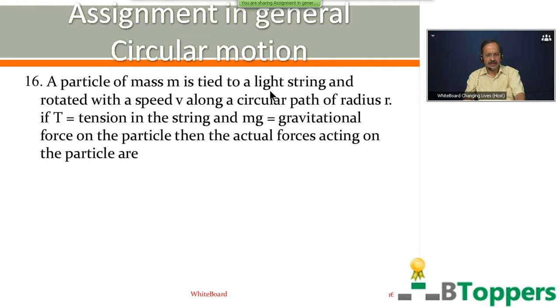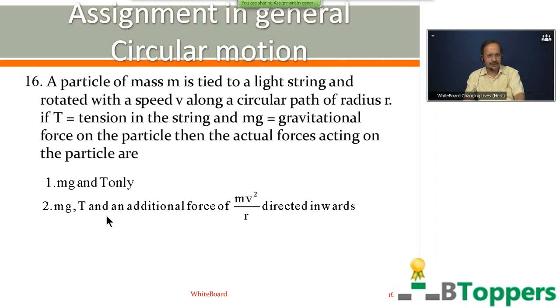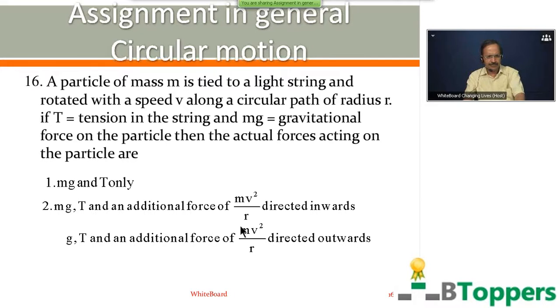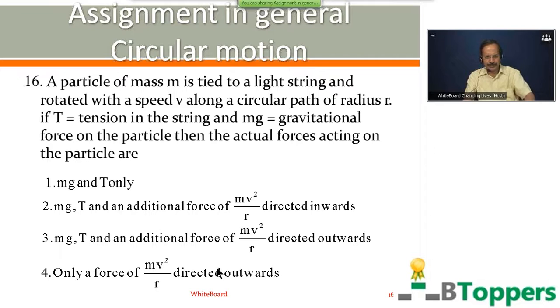Particle of mass small m is tied to a light string and rotated with a speed v along a circular path of radius small r. If capital T equals tension in the string and mg equals gravitational force on the particle, the actual forces acting on the particle are: first option, mg and T only; second option, mg, T and an additional force of mv square by r directed inwards; third option, mg, T and an additional force of mv square by r directed outwards; fourth option, only a force of mv square by r directed outwards.